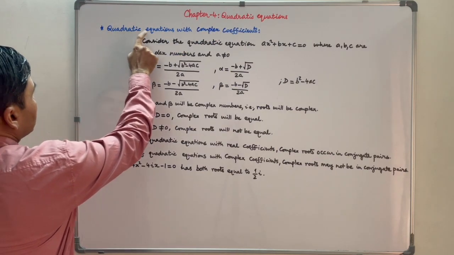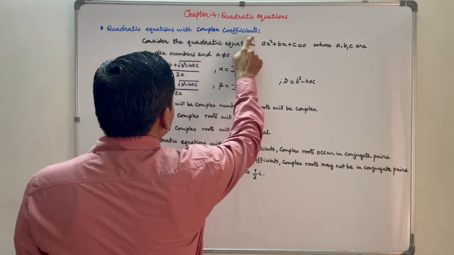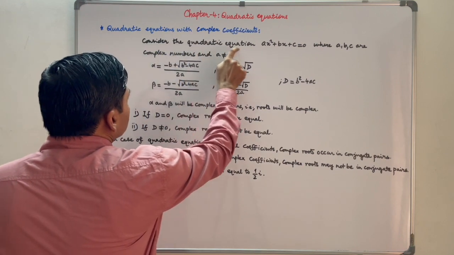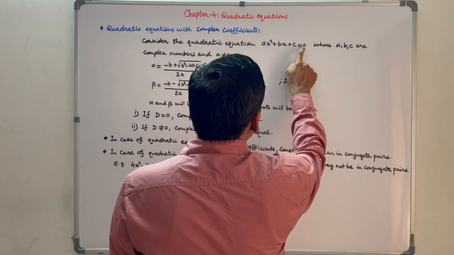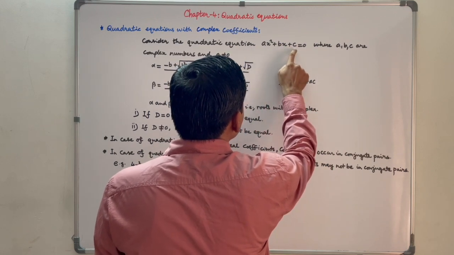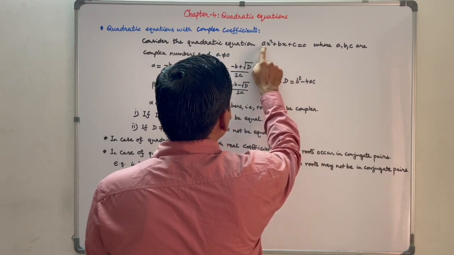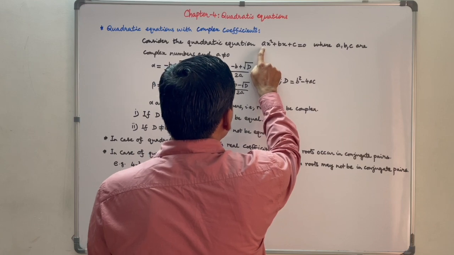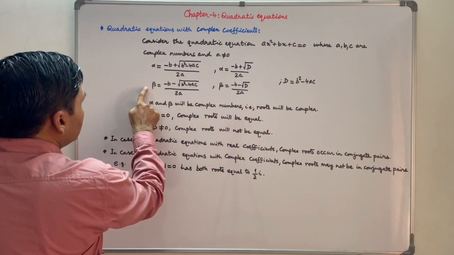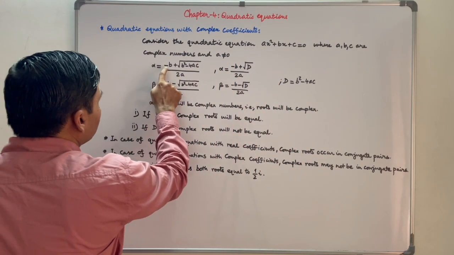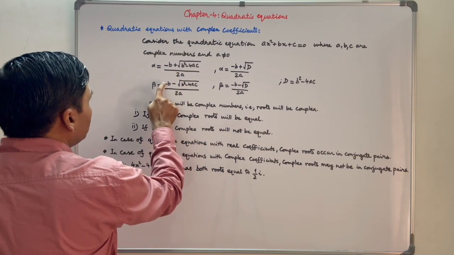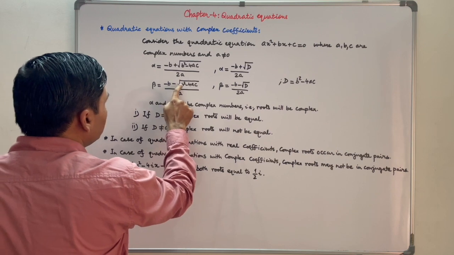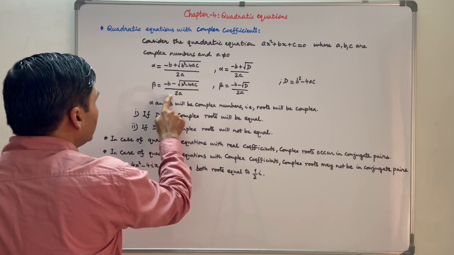Now let us see quadratic equations with complex coefficients. Consider the quadratic equation ax square plus bx plus c is equal to 0, where coefficients a, b and c are complex numbers and a is not equal to 0. Roots are given by the same formula, and that is minus b plus under root b square minus 4ac upon 2a and minus b minus under root b square minus 4ac upon 2a.